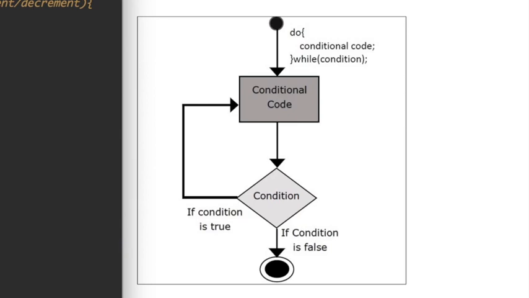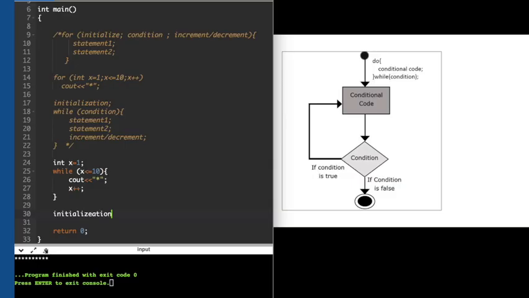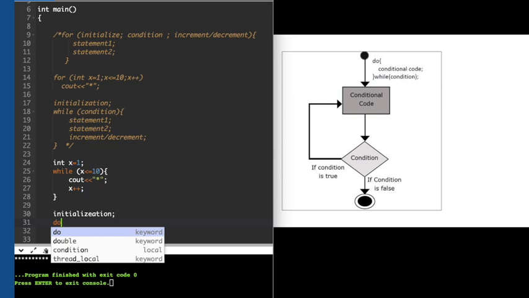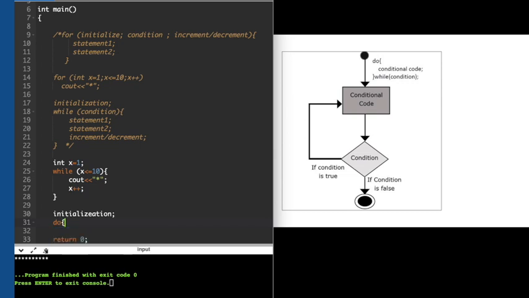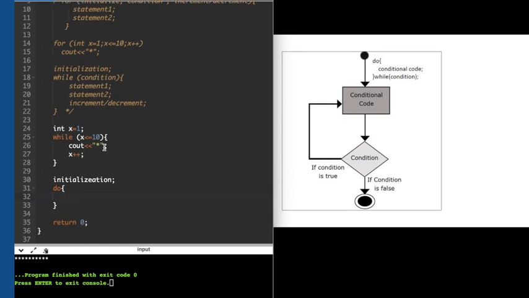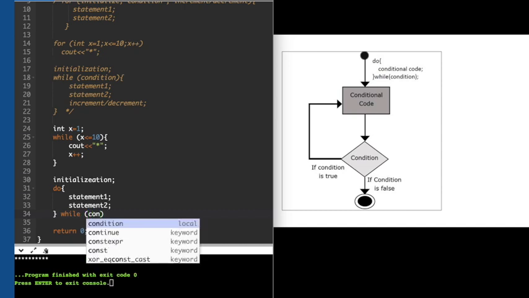So I do the initializations first, and then you have to have this do, and then we start with the bracket, because you're going to have your statement here. So initialize, and then you have your statement 1, and then maybe you have statement 2. Then you have to do this while the conditions is true.